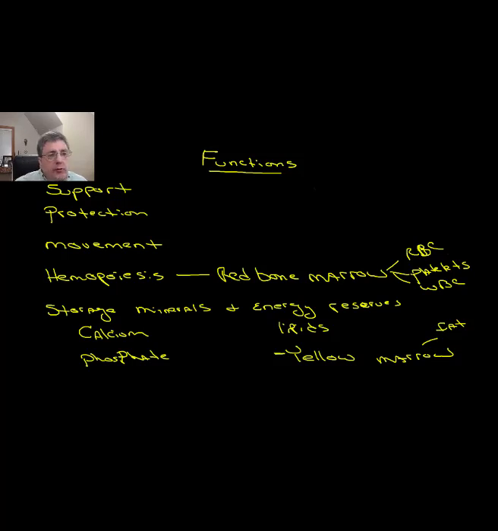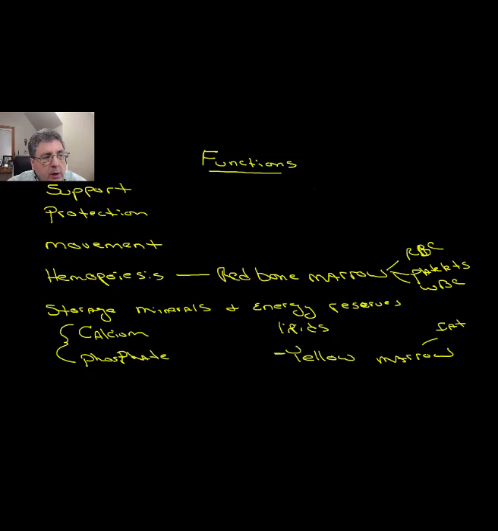So your primary functions are support, protection, movement, hemopoiesis, and then the storage of minerals, calcium and phosphate, and energy reserves. The energy is in the form of lipids or fat, and that's in the yellow bone marrow.